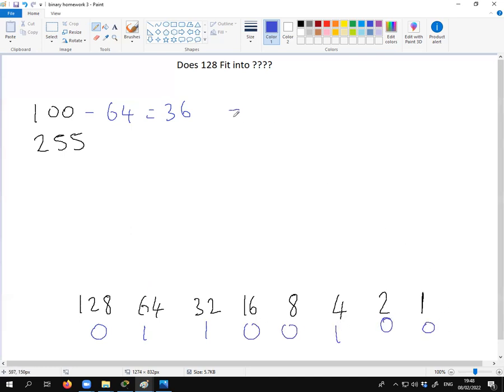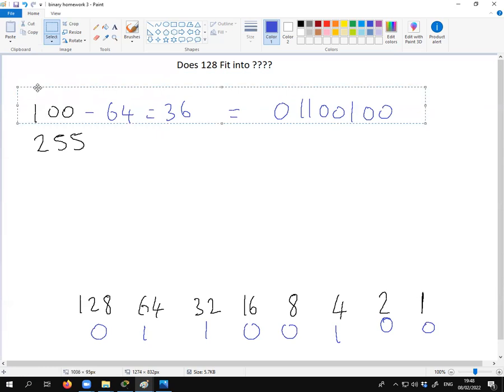So 100 in binary is equal to 0, 1, 1, 0, 0, 1, 0, 0. It even looks like 100. To check that, 64 plus 32 is 96, plus 4 is 100. How many bits? 7 again. Is that okay? Any questions with that? No. Okay, cool.